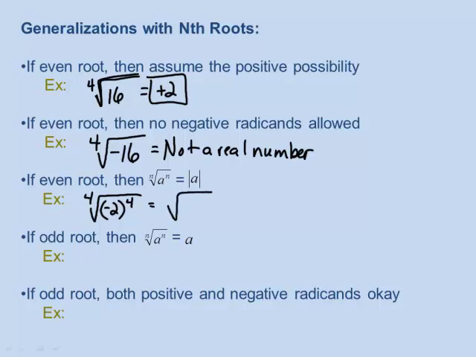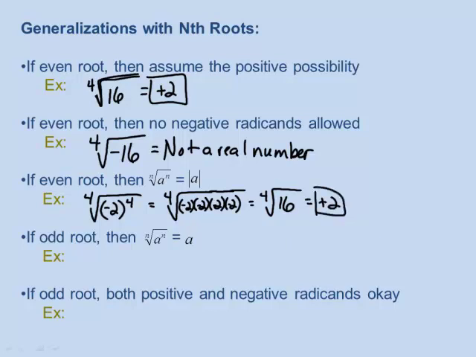So if you did that, you'd get the fourth root of -2 to the fourth, which of course is -2 times -2 times -2 times -2 if you were to write it in expanded form. An even number of negative signs is going to give us then a positive 16. And the fourth root of positive 16 is a positive 2.